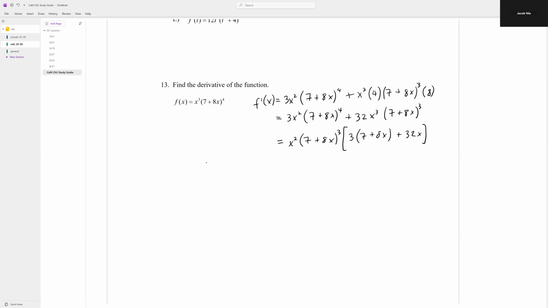And so that would simplify to x squared times 7 plus 8x to the third times 24 plus 32, which is 56x plus 21.